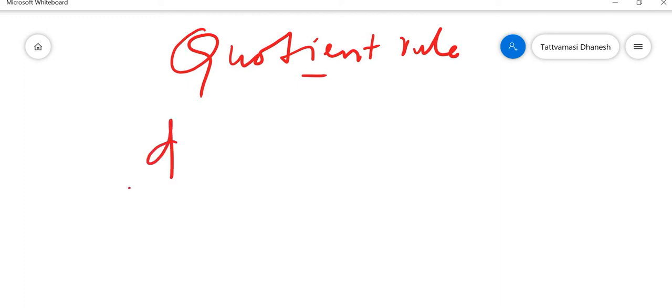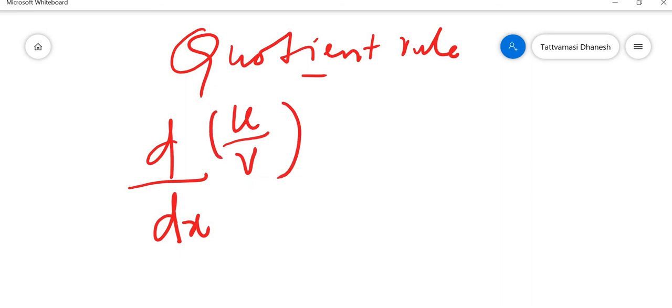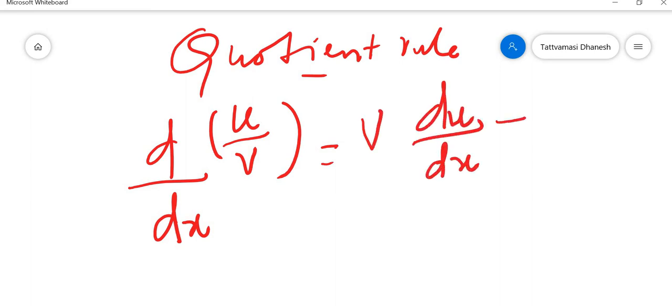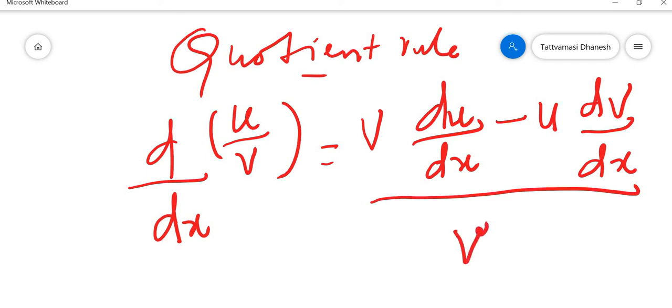The formula is d by dx of u by v is equal to, not u into, here we need to start from the denominator, v into du by dx minus u into dv by dx divided by v square. This is the formula, divided by v square.